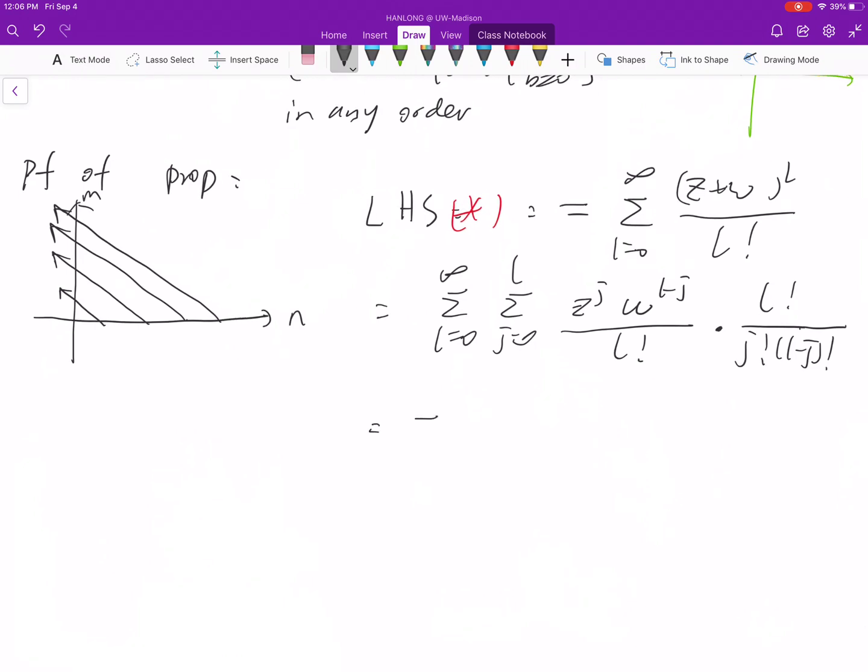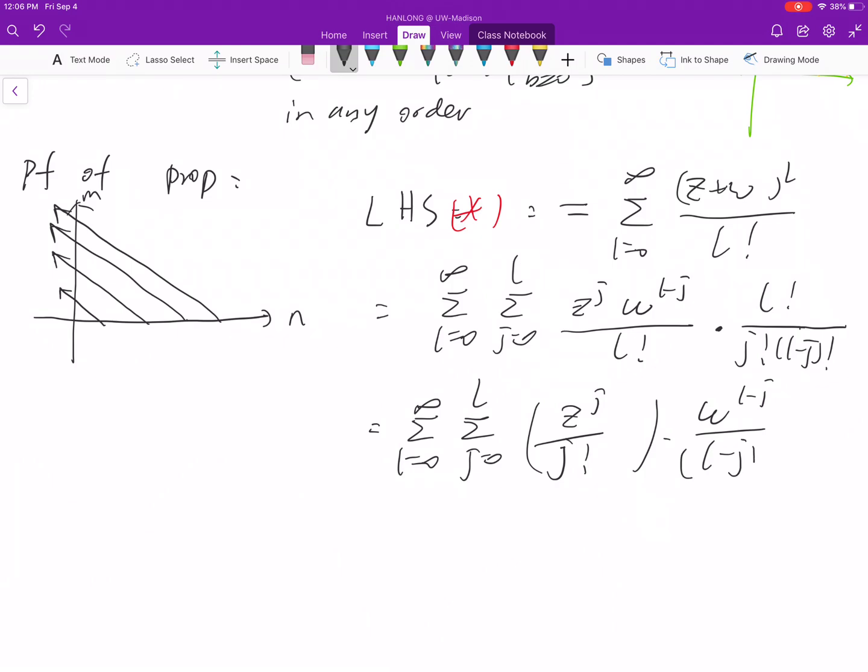So this is the summation L from 0 to infinity, summation J from 0 to L, z^J over J factorial times omega^(L minus J) over (L minus J) factorial.